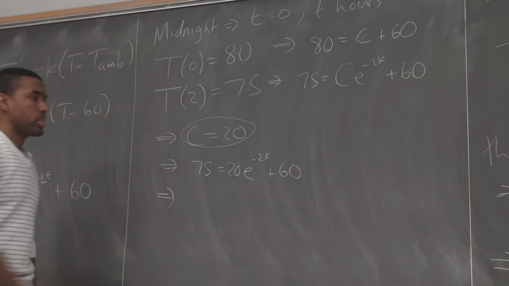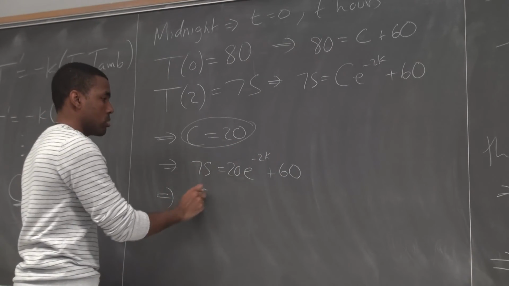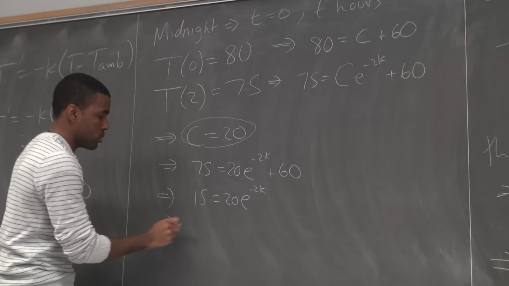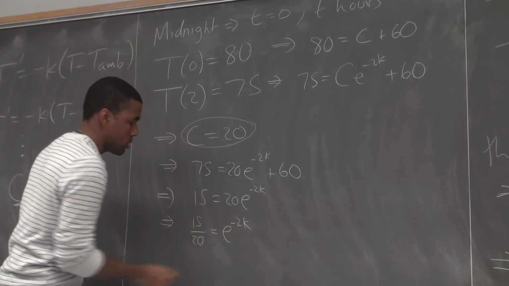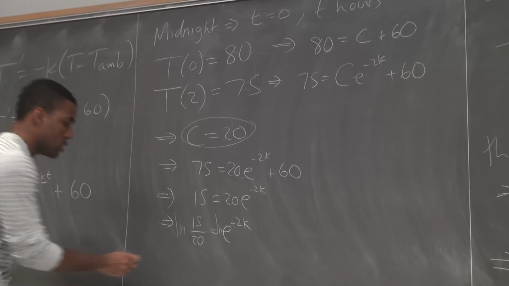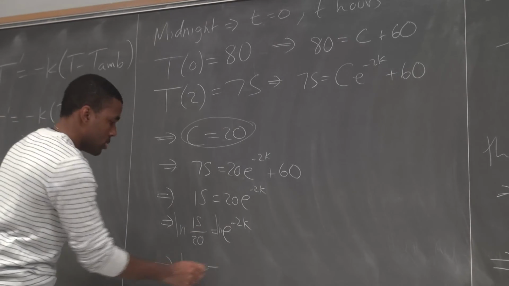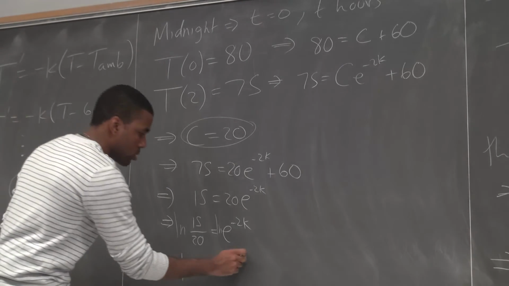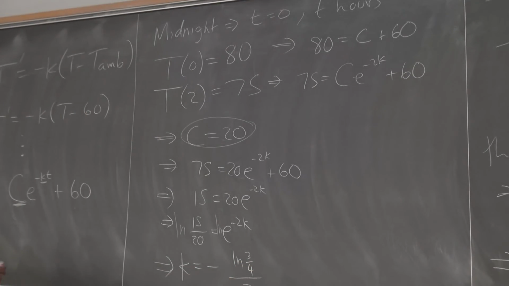And how would I find k now? Subtract the 60. Divide by 20. You can ln both sides. So this means your k would be equal to minus ln of 3/4 all over 2, since 5 into 15 goes 3 over 4.